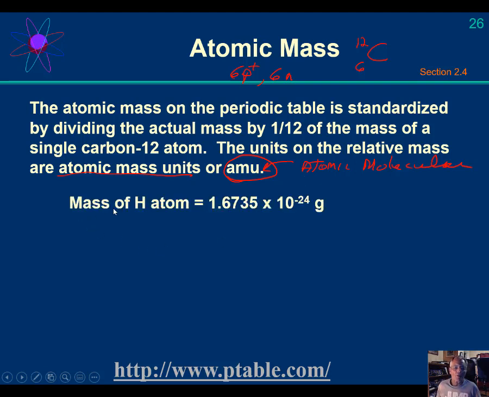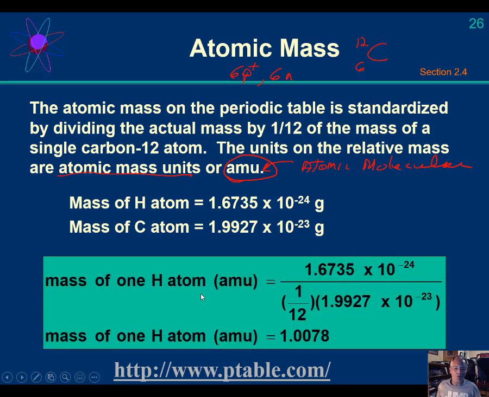So here we go. The mass of a hydrogen atom in grams is 1.635 times 10 to the minus 24 grams. The mass of a carbon-12 atom is 1.9927 times 10 to the minus 23 grams.